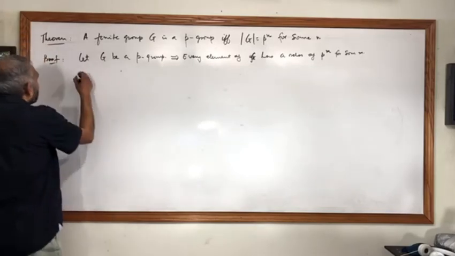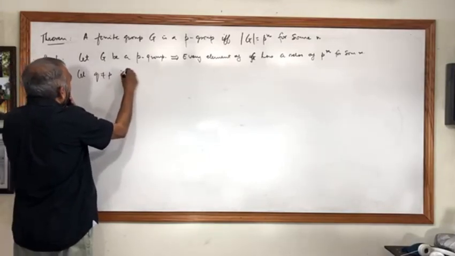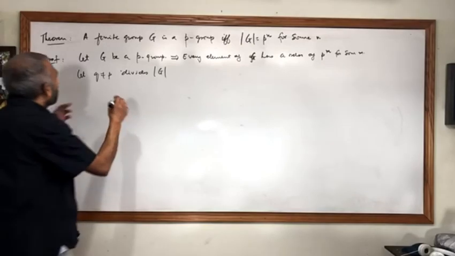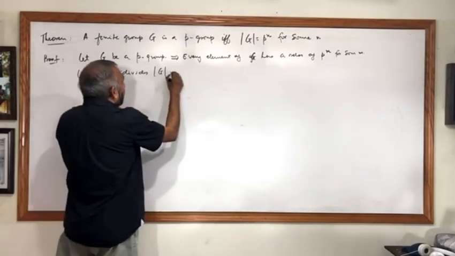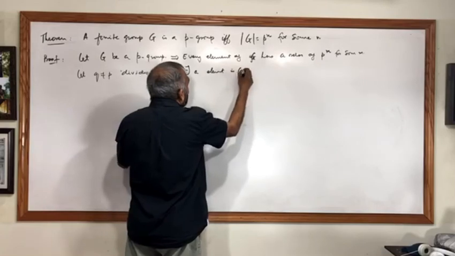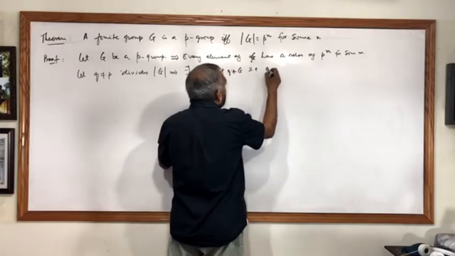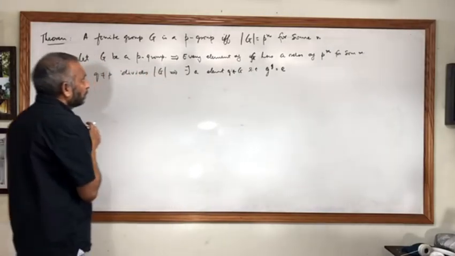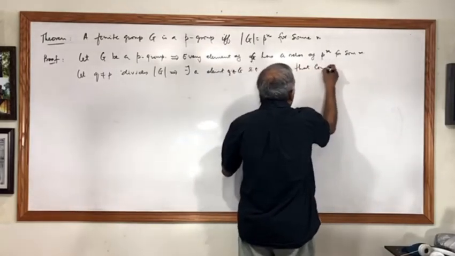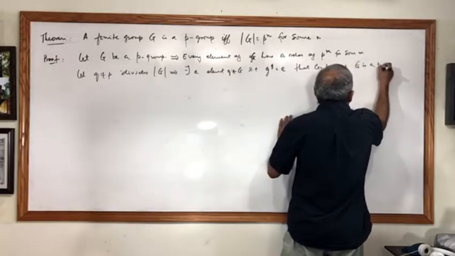So let us assume that a prime Q different from P divides the order of G. And that implies, by Cauchy's theorem, there exists an element g in G such that g to the power of Q is equal to E. And that contradicts the fact that G is a P group.